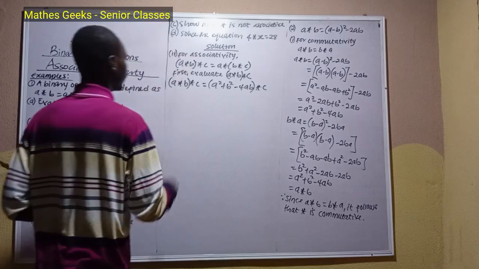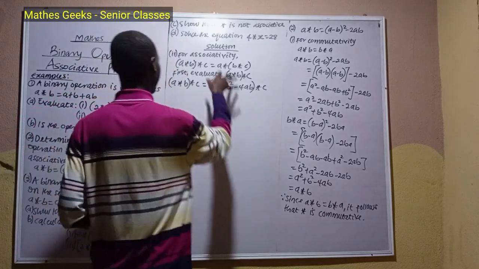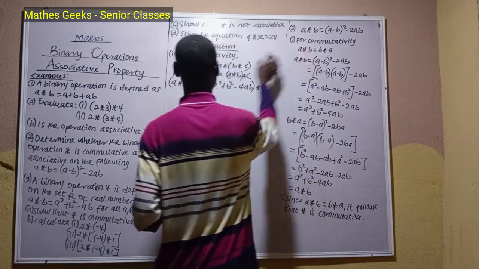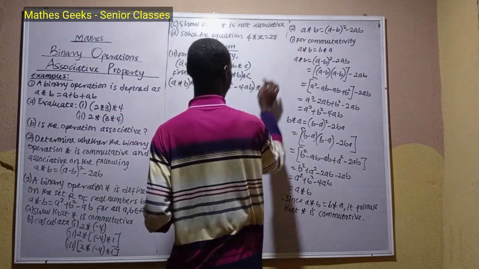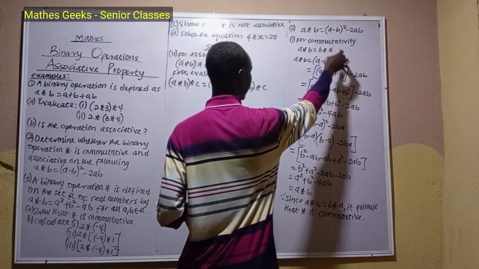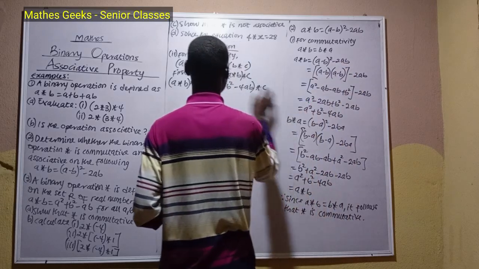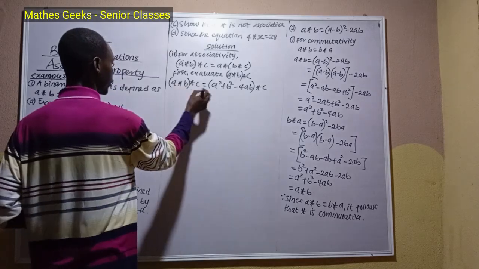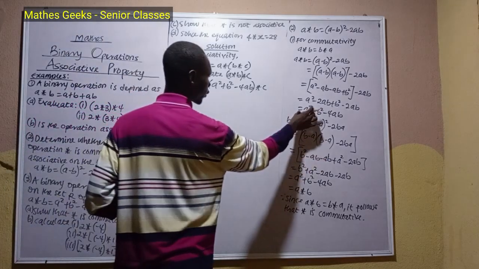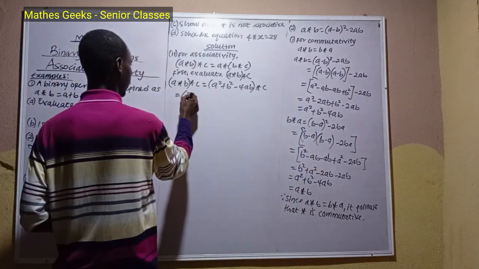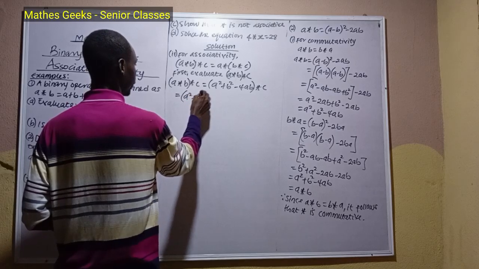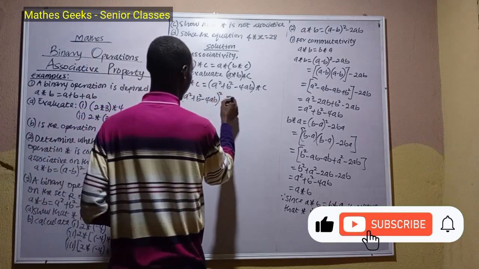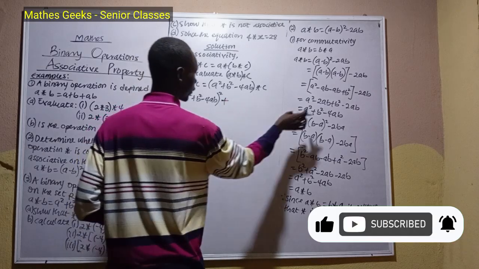So from our general rule or combination A star B, A is this bracket and B is this C. So where we have A here, we put this, and where we have B, we put C. So take note of it. So this will give us A squared, and this is A. So this will give us (A squared plus B squared minus 4AB) all squared plus, what's B?